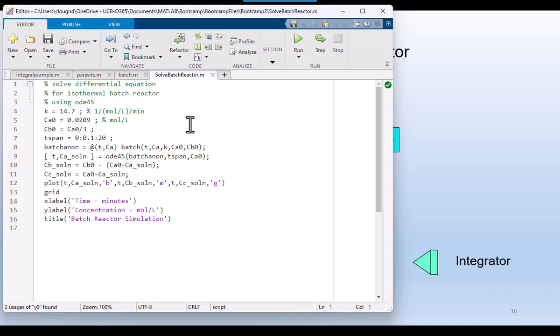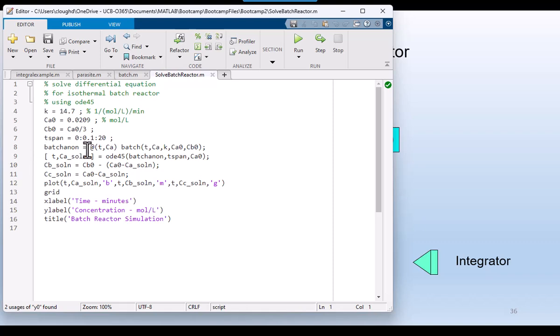Set up a solution span, which is 0 to 20 minutes, in steps of 0.1 minutes, so that's about 200 points of a solution. Create an anonymous function.